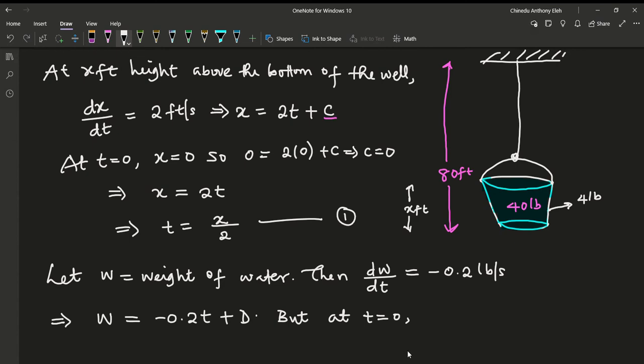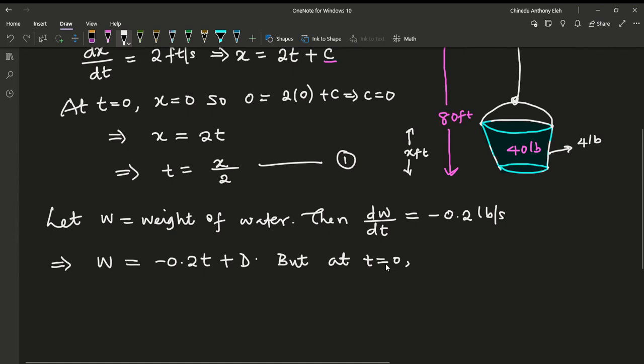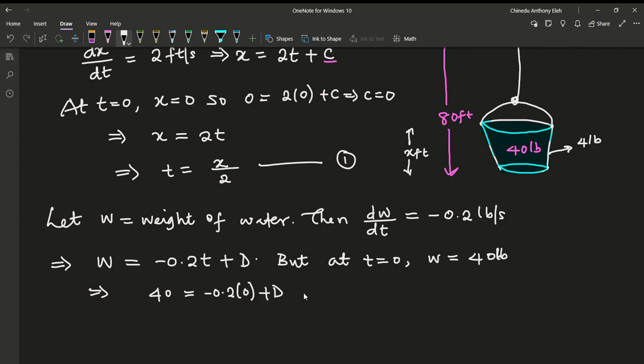So at time equals 0, the weight is exactly the full amount of water in the bucket, 40 pounds. So this gives us that 40 pounds equals negative 0.2 times 0 plus d, and from here we get that d is equal to 40.